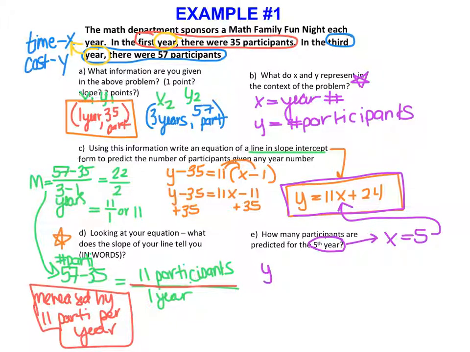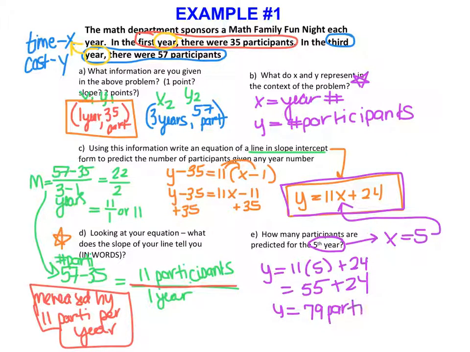If we substitute, we get y equals 11 times 5 plus 24. So we have 55 plus 24. Essentially, in the 5th year, we are predicting that we will have 79 participants.